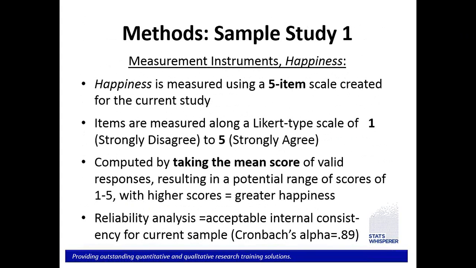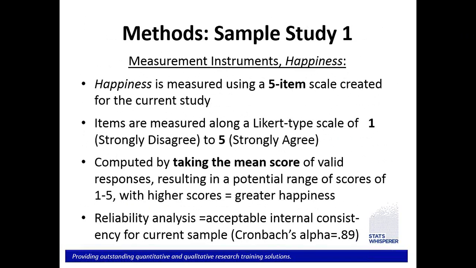Okay. So if we were to take our instrument reflecting happiness, we might say thus: happiness is measured using a 5-item scale created for the current study. Right? The items are measured along a Likert type scale of 1, which equals strongly disagree, to 5, which indicates strongly agree. The scale is computed by taking the mean score of valid responses, right, resulting in a potential range of scores of 1 to 5, with higher scores equaling greater happiness.